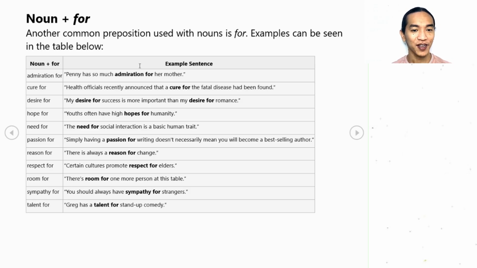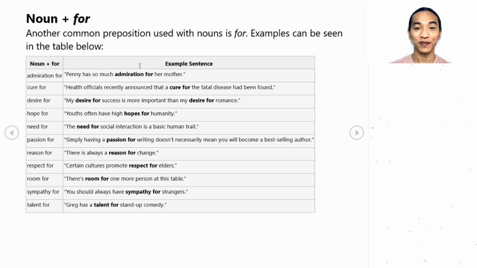Passion for, reason for, respect for, room for, sympathy for, and talent for. Just take a look at some of the examples. For example, room for. There's room for one more person at this table. So it means there is a space. One more person could stay there.